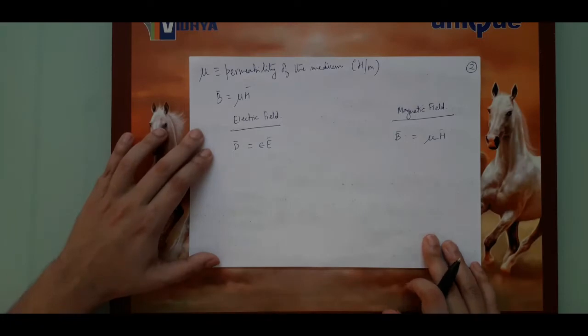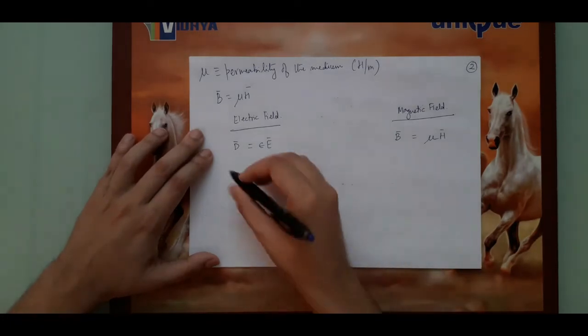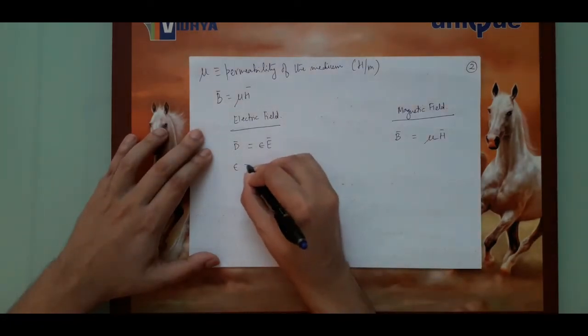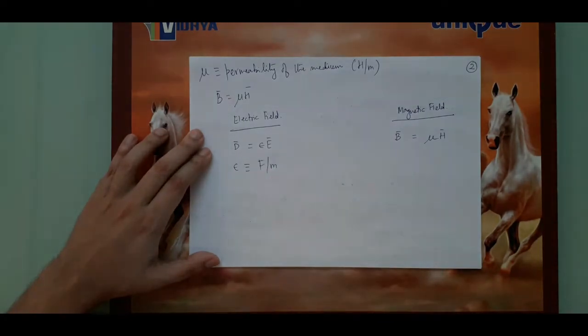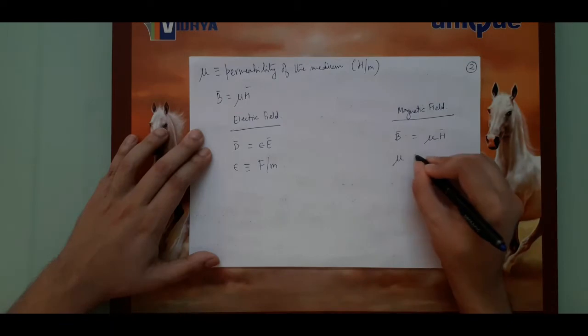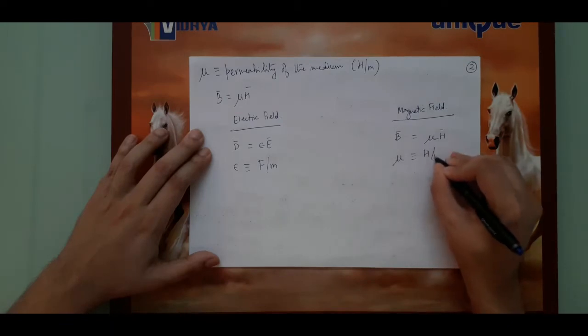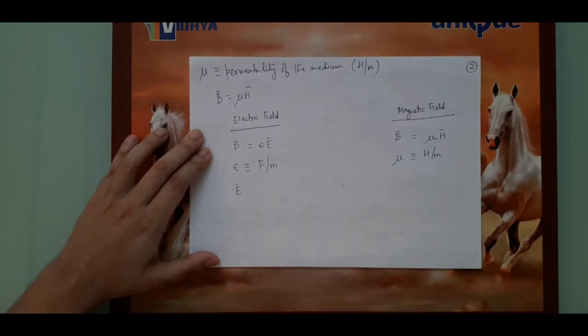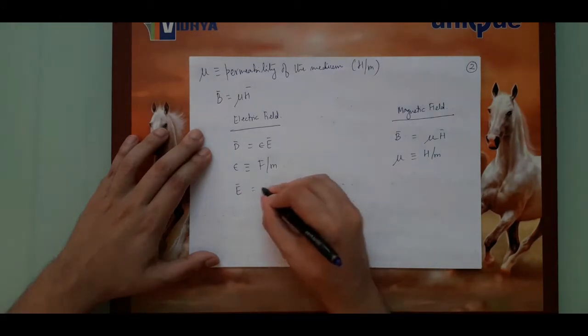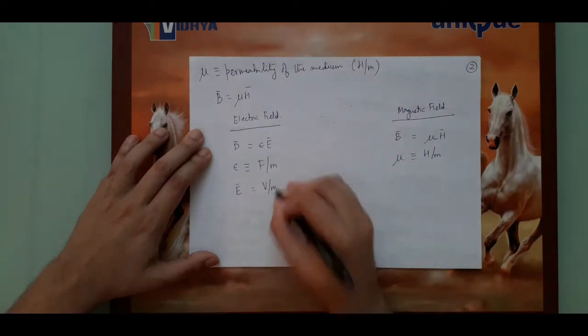Now, if we look at the units of permittivity, it is nothing but farad per meter. If you look at the units of mu, it is Henry per meter. If you look at the units of electric field, it is volt per meter.